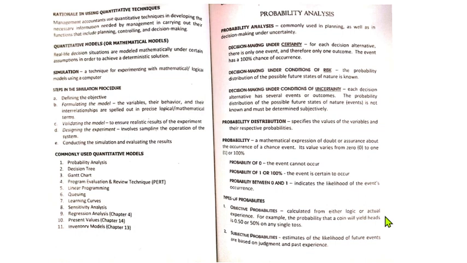While subjective probabilities, as the term implies, this is based on subjective judgment. Estimates on the likelihood of future events based on judgment and past experience. So anong mga klaseng example niyan? The likelihood that a winner in an amateur singing contest will become a successful recording artist.